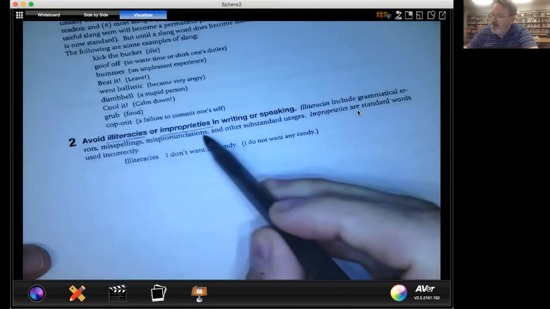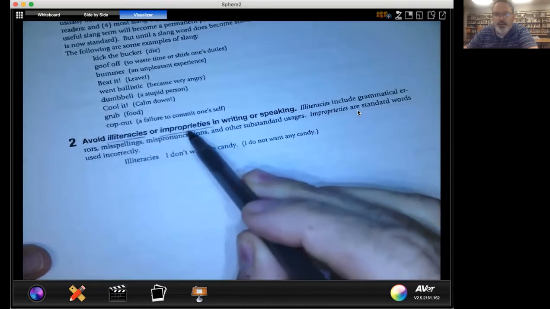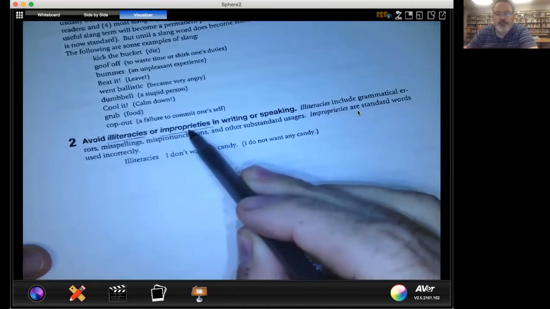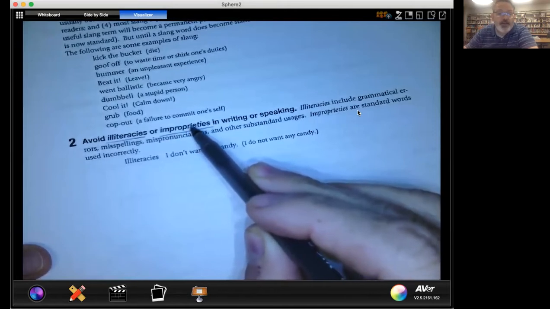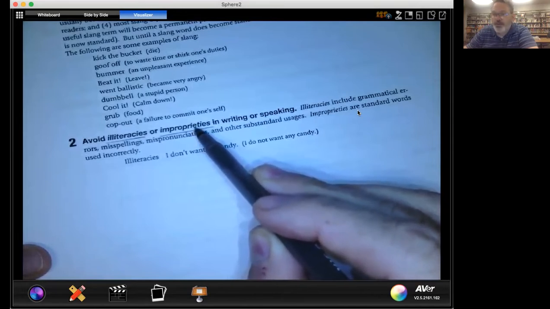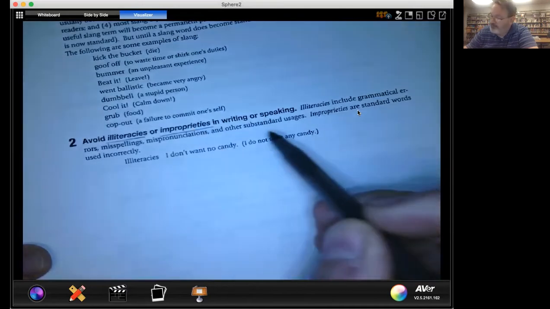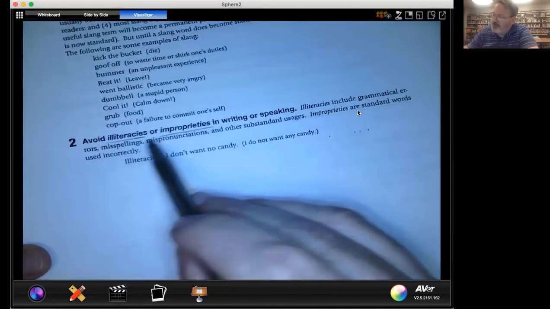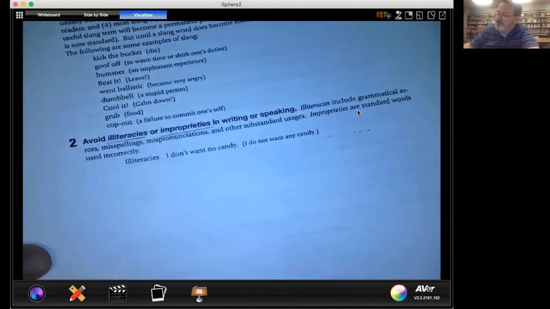And improprieties means you're doing something that is wrong. So an impropriety might be a crime, or if you're stealing money from your employer secretly, that's an impropriety. So avoid illiteracies or improprieties in writing or speaking.